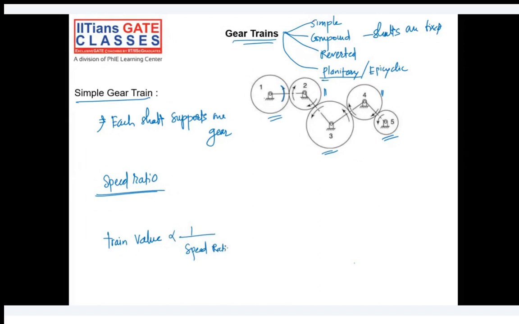And what is speed ratio? Speed ratio is the ratio of the speed of the driving gear to that of the driven gear.